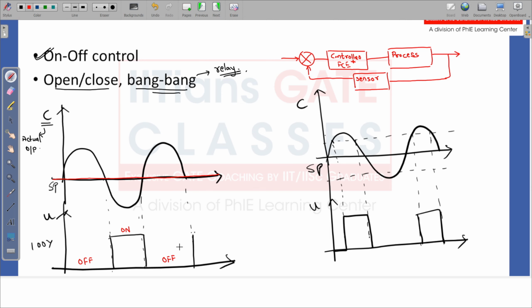It is very simple. You might have seen your electric press. Suppose for pressing cotton clothes, the temperature of the press is 80 degrees Celsius. So that means the set point is 80 degrees.